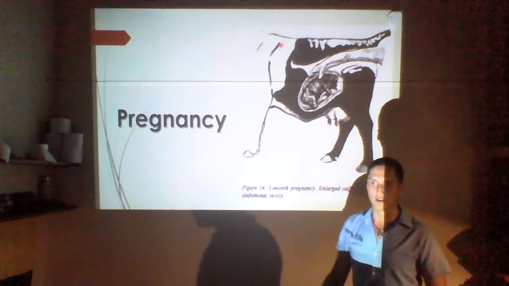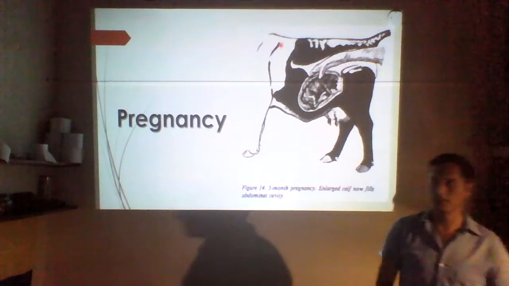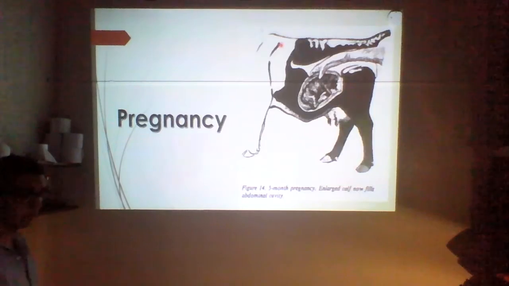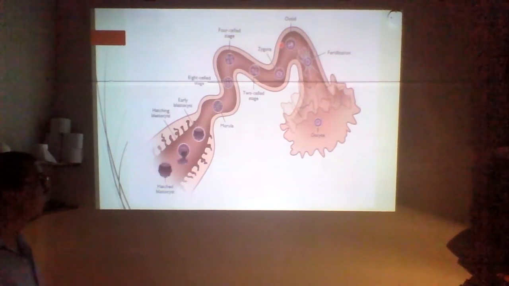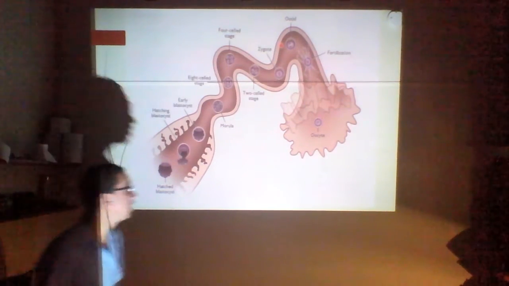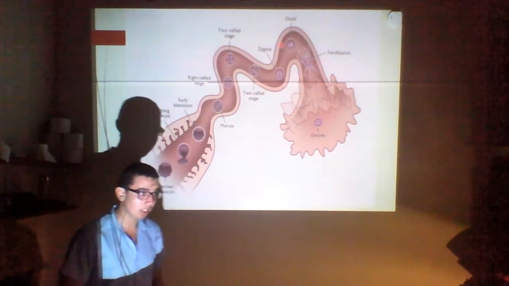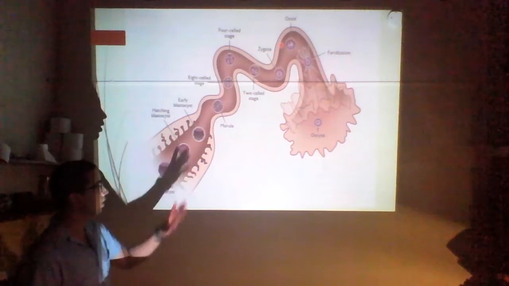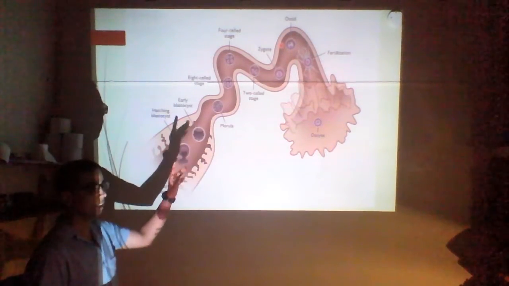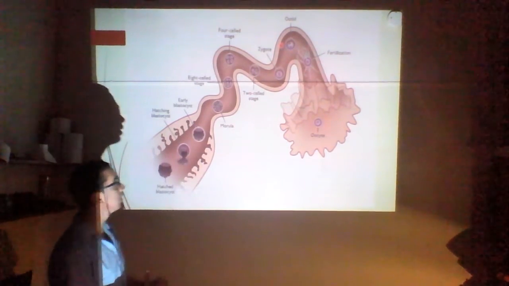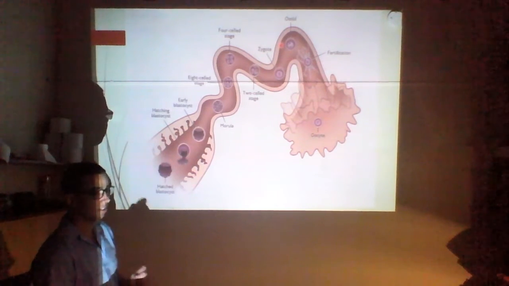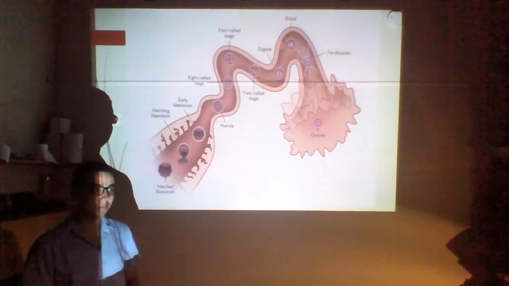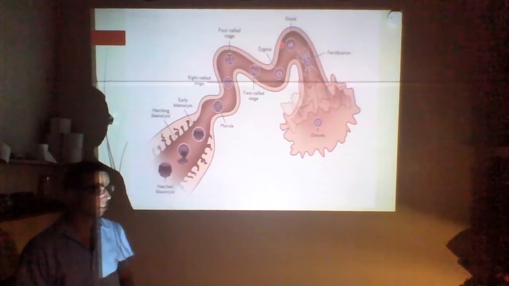So we're going to talk now about the pregnancy stage of the cow. First of all, we have the oocyte and the spermatozoid, and then fertilization occurs in the ampullar isthmic part of the oviduct.